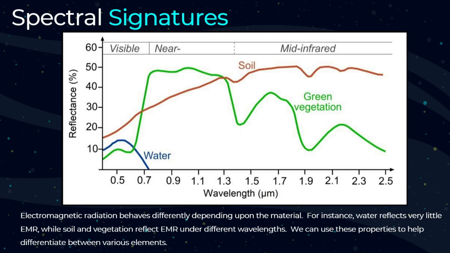In other words, electromagnetic radiation behaves differently depending upon the material. For instance, water reflects very little electromagnetic radiation, while soil and vegetation reflect electromagnetic radiation differently under different wavelengths such as visible, near-infrared as well as mid-infrared. We can use these properties to help differentiate between various elements.